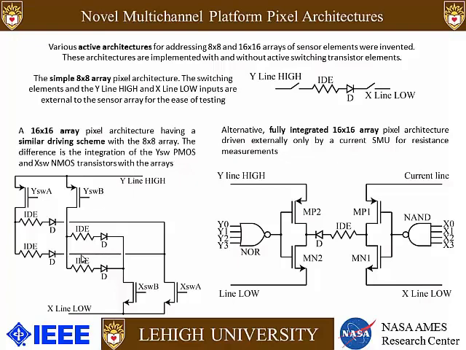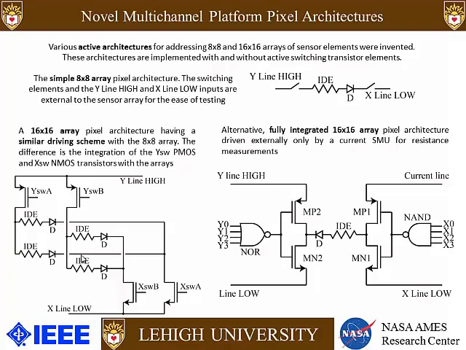Then these are only simple 8x8 arrays, and as you can see, using that approach, the wires that we have are 16 wires in total in order to address these individual arrays, whereas if you had 64 sensors before and you have two wires per pixel, that gives you immediately 128 wires, which is a huge wire cluttering problem.